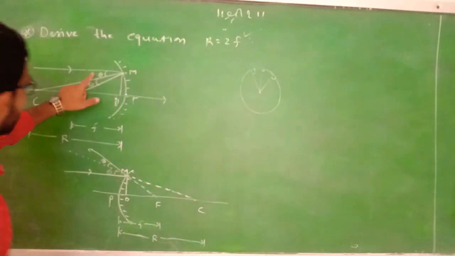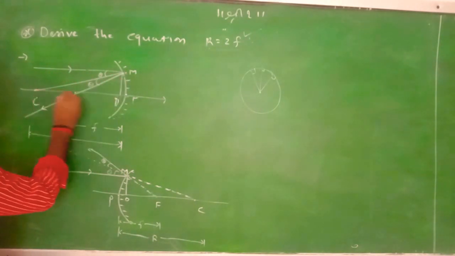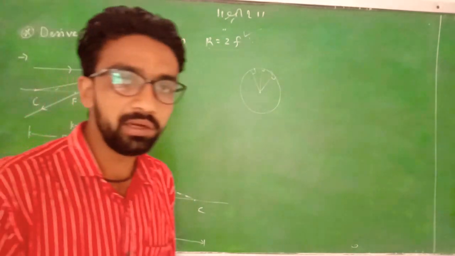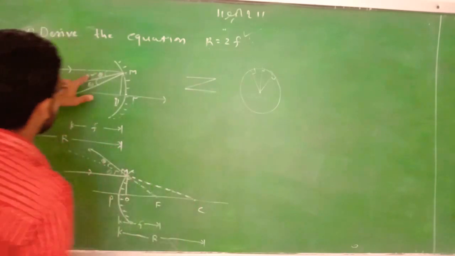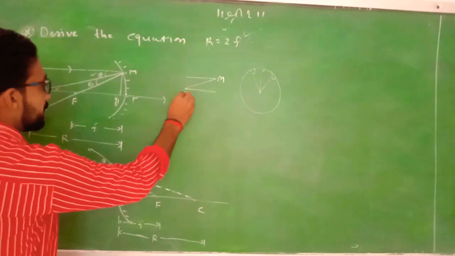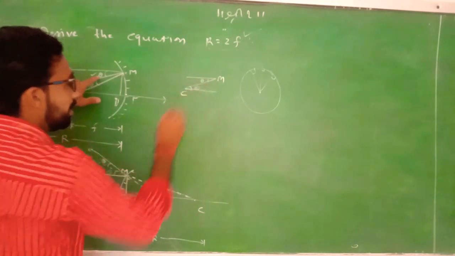Now you can see this ray and these two angles make alternating angles. Here this is M, and here this one is C. So this angle is theta, so this angle is also theta.